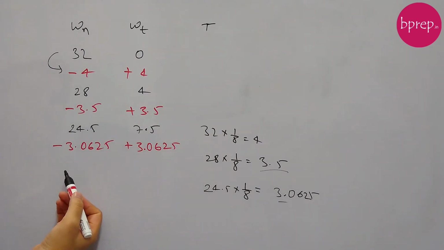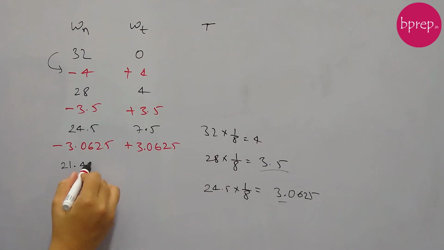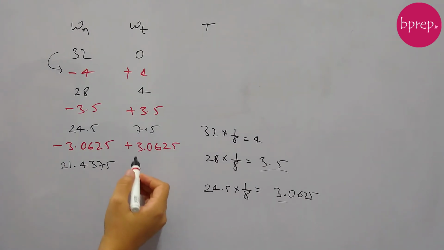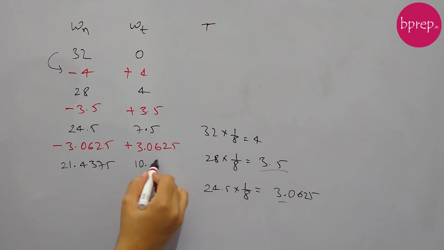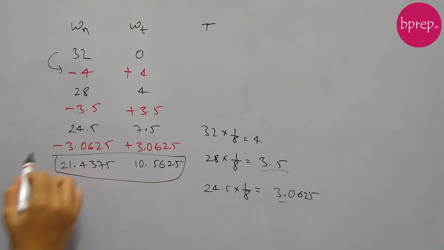So now the final state, in the final state, the amount of wine that we have is 21.4375 and the amount of water that we have is 10.5625. Okay, so this is the final amount of wine and water.